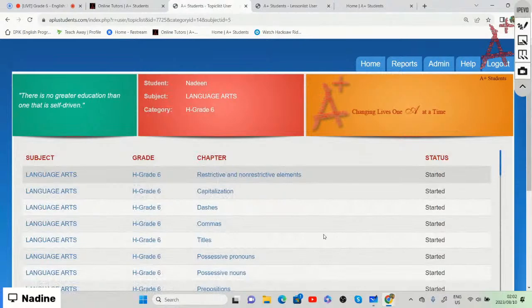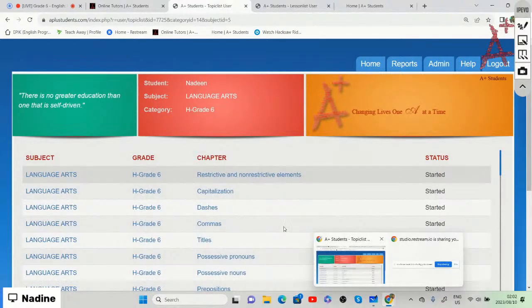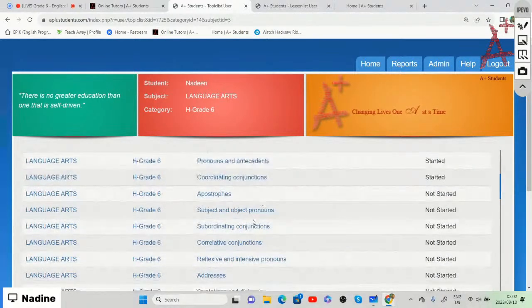Now we are within the different chapters, and we're going to scroll down until we get to pronouns and antecedents.